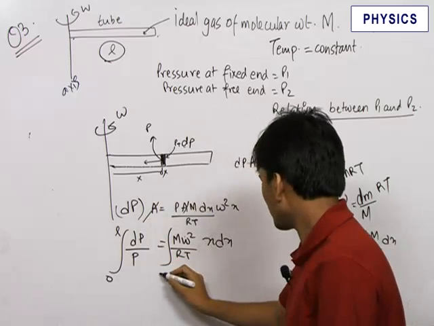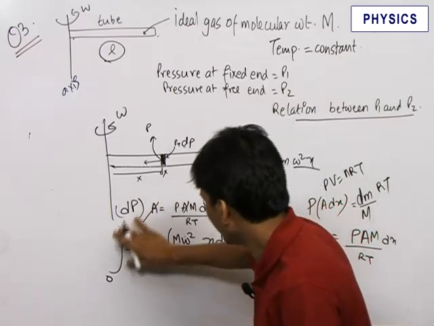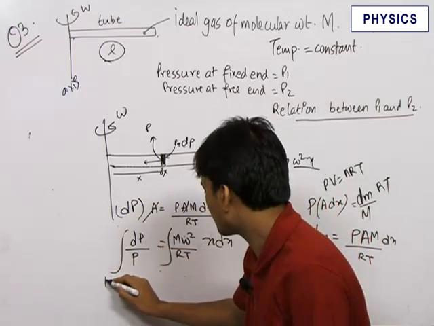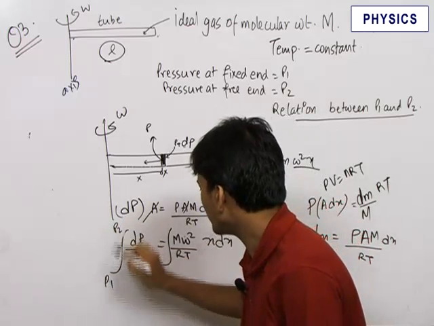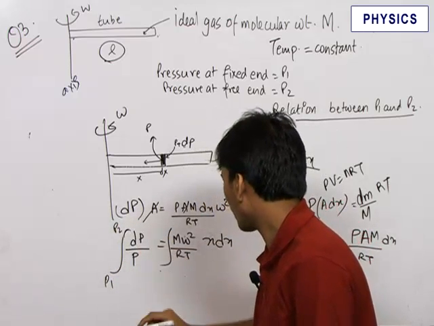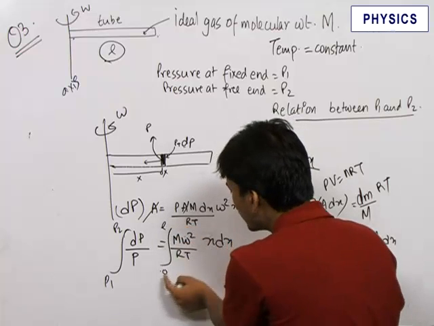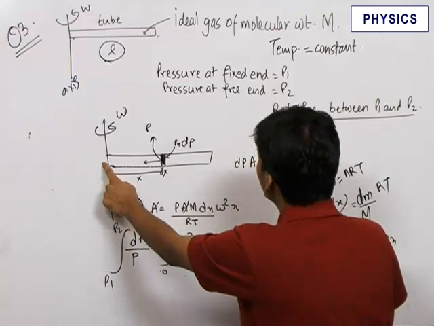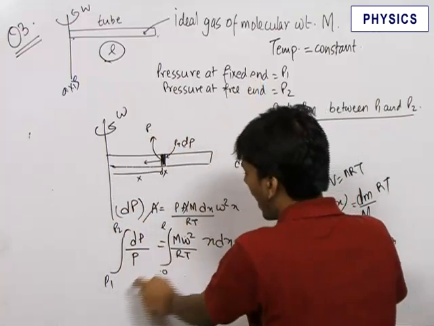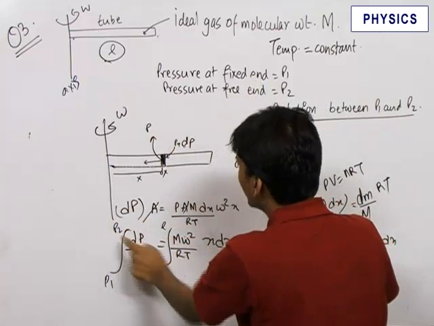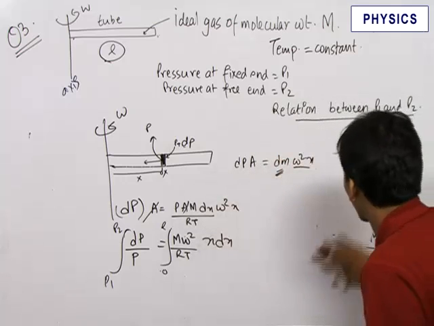To get this we integrate: the pressure initially was P1, the pressure finally is P2, and here we integrate from 0 to L. Since at x is equal to 0 the pressure is given to be P1, and at x is equal to L the pressure is given to be P2.